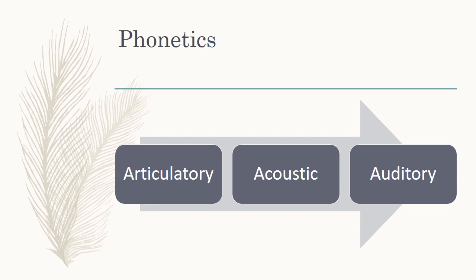So as a conclusion, there are three kinds of phonetics. The first one is articulatory phonetic, the second is acoustic phonetic, and the third is auditory phonetic. Okay, the things that are learned in those, I have already discussed on the previous slides for you.